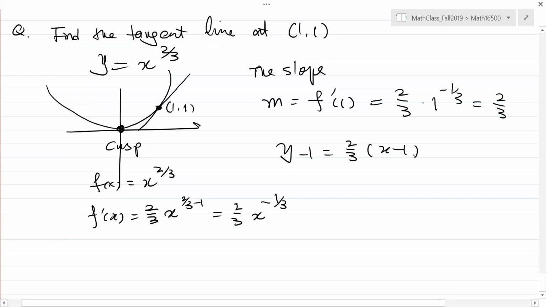Now, are you able to use the limit definition to find the derivative? This is a pretty challenging problem. It is not easy to do that. How do you cancel the terms?